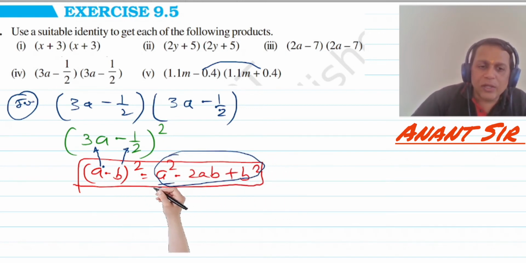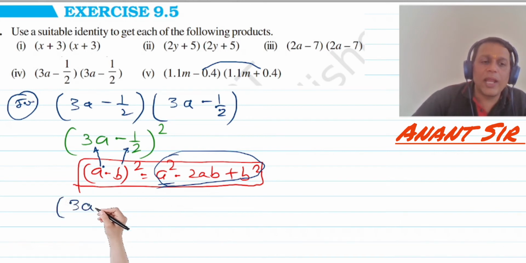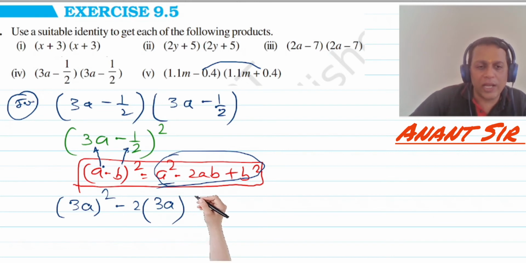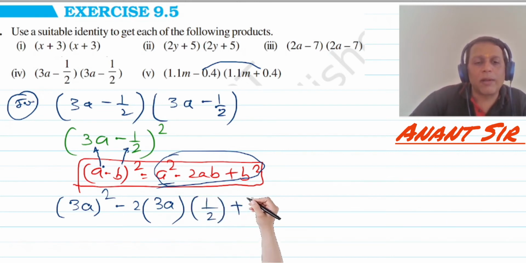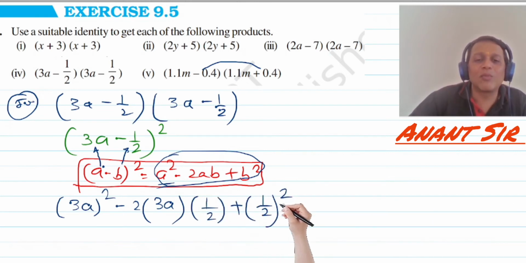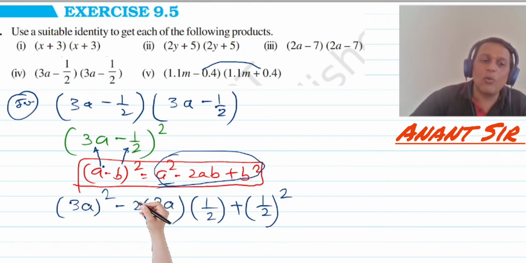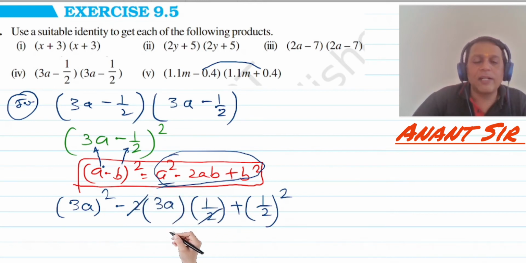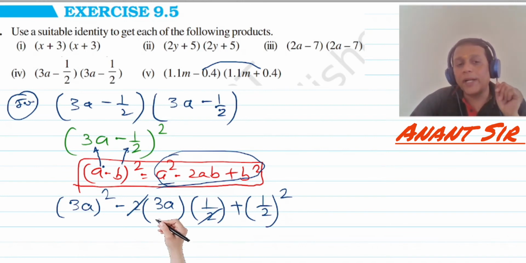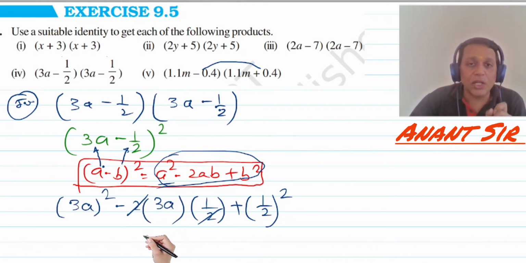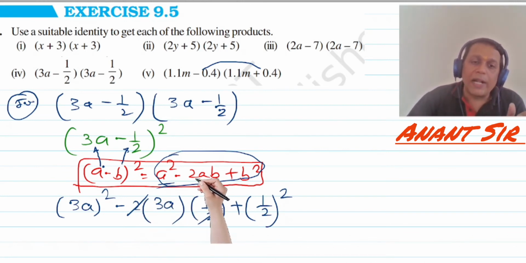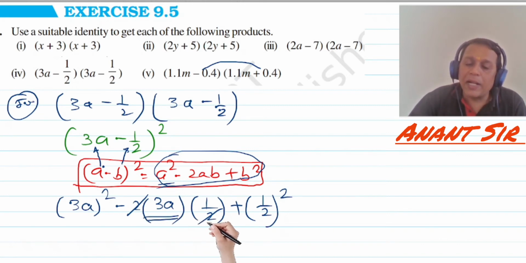So a square becomes (3a) square, minus 2 into a becomes 3a, into b becomes 1 by 2, plus b square becomes (1 by 2) square. Now this 2 gets cancelled. One was in the numerator, one in the denominator, and there is multiplication between them, right? 2 multiplied by 3a multiplied by 1 by 2.